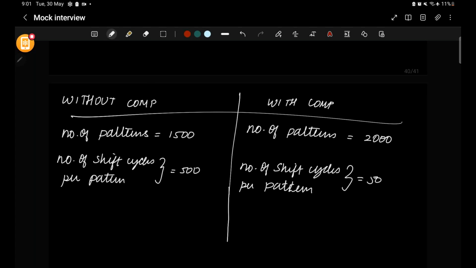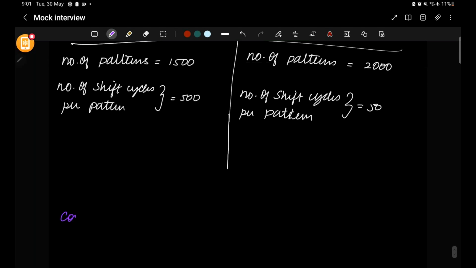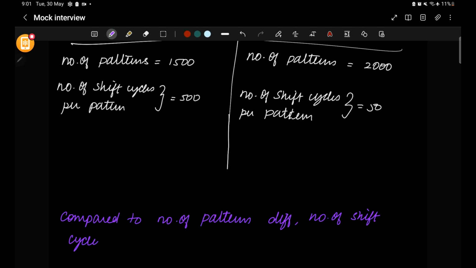So compared to the number of patterns difference, the number of shift cycles per pattern difference is more.